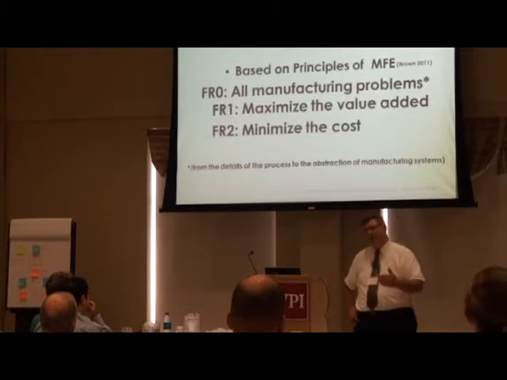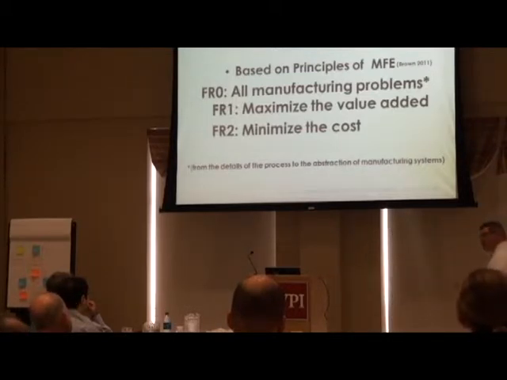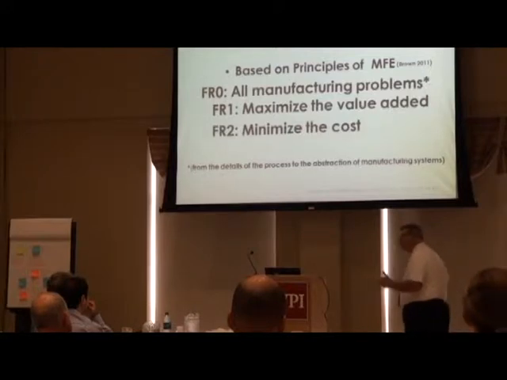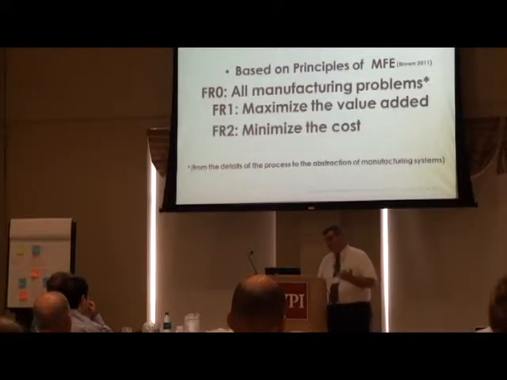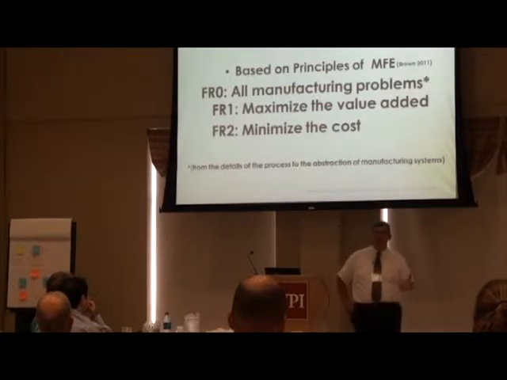And then the next chapter was on manufacturing system design. And I used the axiomatic design process to work through this. So the basis of my decomposition, based on manufacturing engineering principles, which Professor Brown had written a paper on not that long ago, said that for all manufacturing problems, the top level FRs are maximize the value added and minimize the cost.